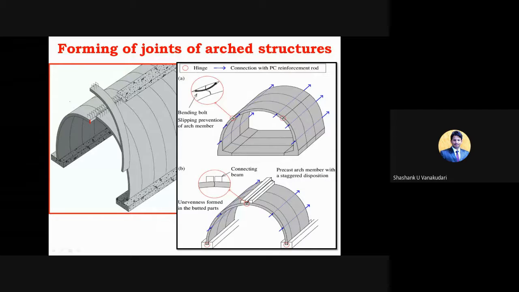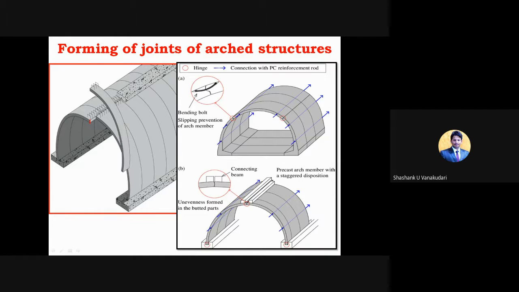Initially they are going to manufacture the separate members in this way, and then at the structural location, they are going to install them with some additional members, like connecting beams on top of whatever we can see, right? Here you can see the bending bolt, which we can especially use in arch-like structures.